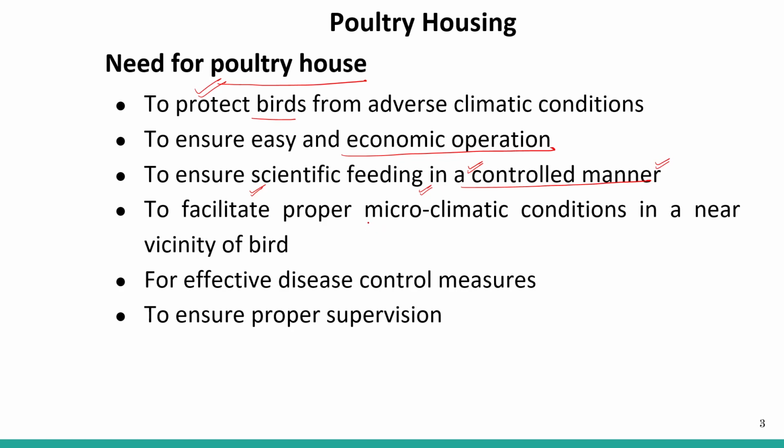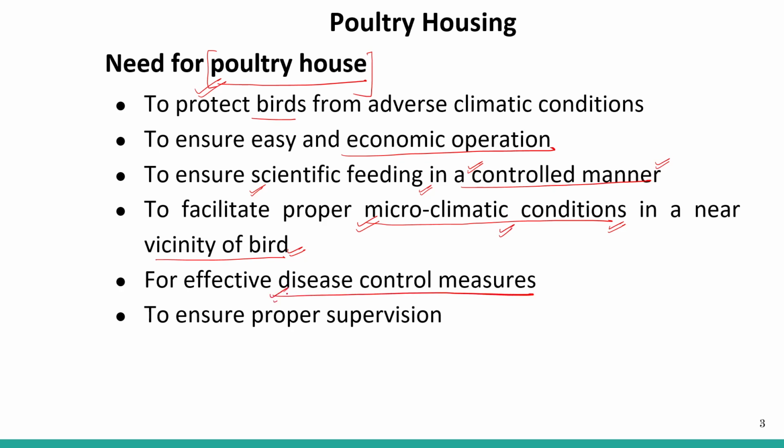To facilitate proper microclimatic conditions in the near vicinity of the bird. So we have to provide the microclimatic condition required for their proper growth, right? So our poultry house should be in such a manner that you can provide those microclimatic conditions for effective disease control measures.